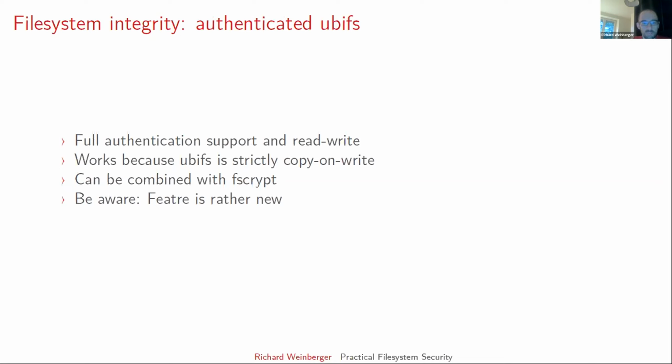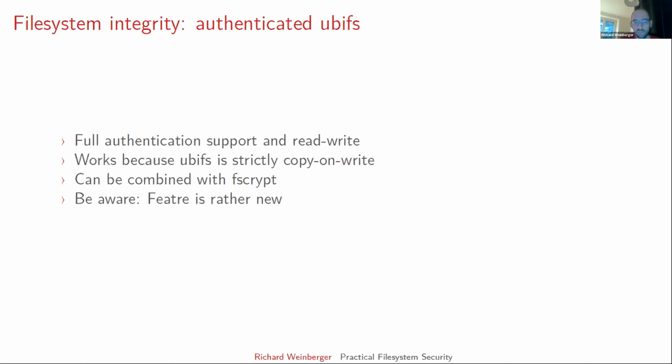Then let's talk a little bit about UBIFS, because UBIFS has a unique feature that no other file system in Linux has today. It has full authentication support and supports reading and writing. That means the whole UBIFS file content and file structures are protected.